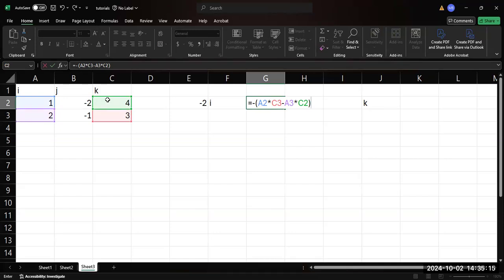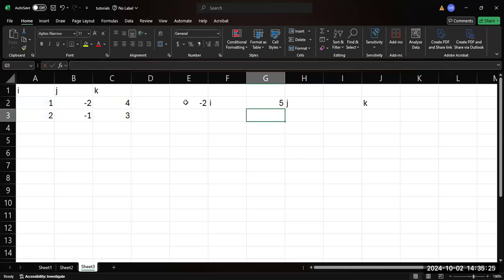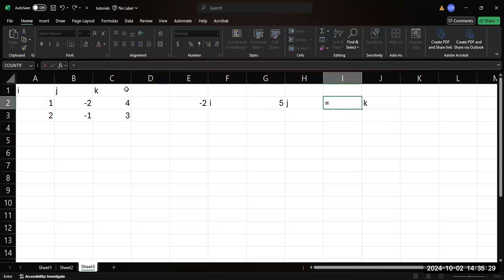It's very easy when we try to do this by hand to tell yourself, I'm going to do these, and then you forget while you're actually doing the calculations. And then in this one, we block out the K column and we do this one times this one minus this one times this one.